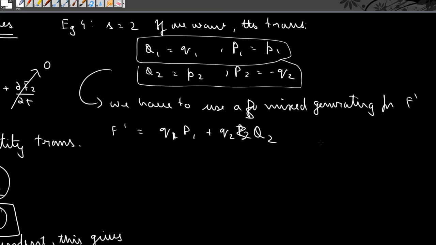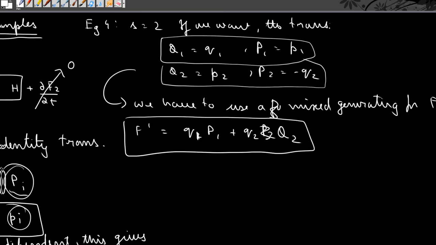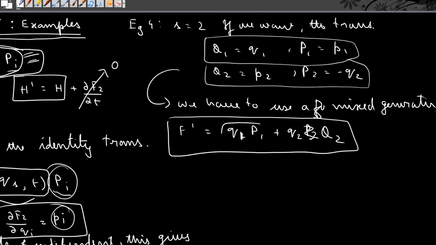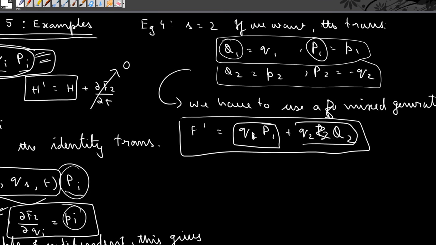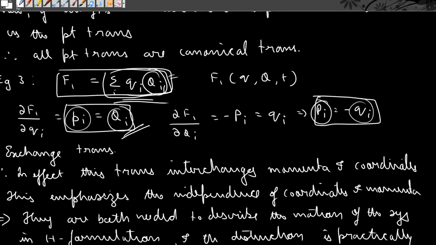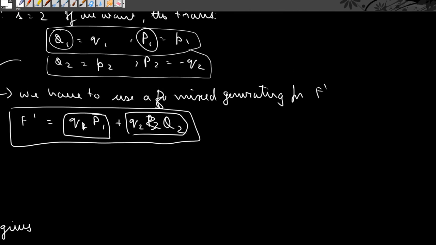Okay, so if you define our generating function in this form, and compare it with our generating function for identity transformation, this had a Qi Pi term, and here we have Q1 P1. So this should give us the identity transformation for the index 1 coordinates. And if you look at the next one, this is Q2 Q2, that has the form of our exchange transformation Qi, and therefore for that index of coordinates we are going to get the exchange transformation.